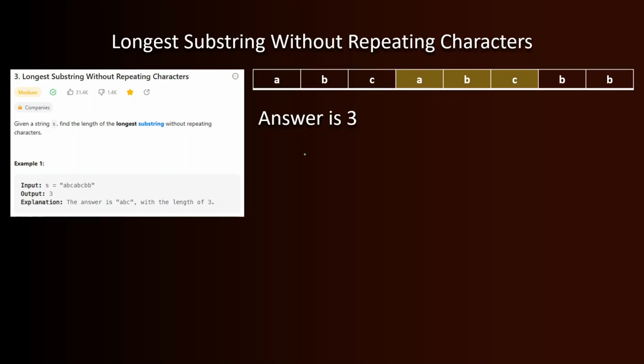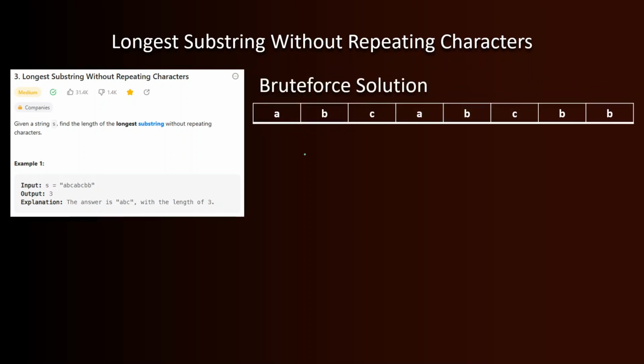For example, let's find all the substrings that start with the first letter A. So let's take the first two letters. Obviously, there are no repeating characters, and hence the max length at this point is 2.